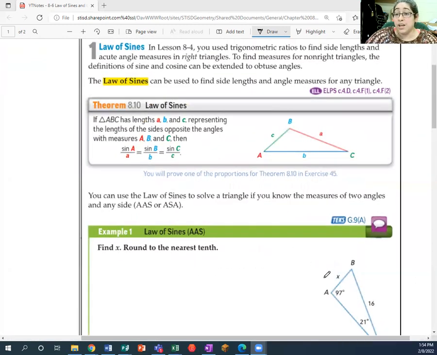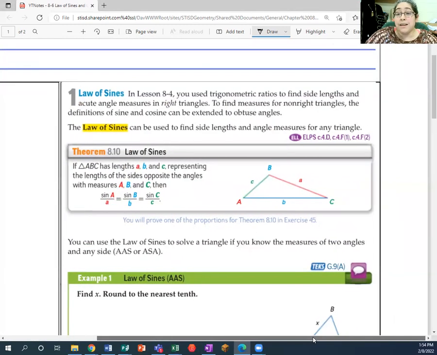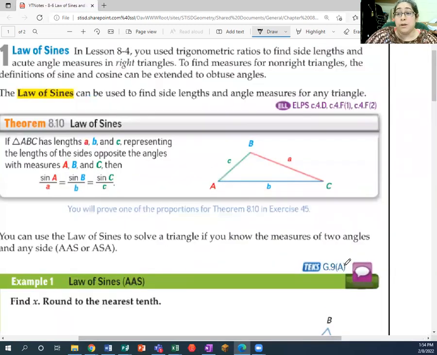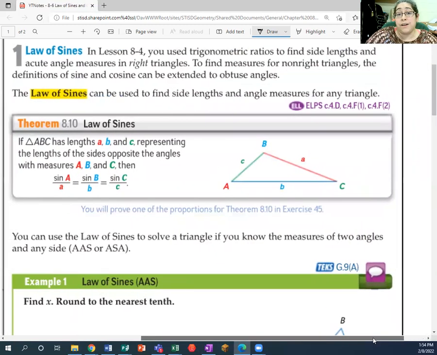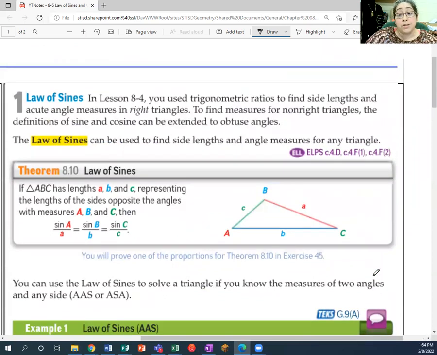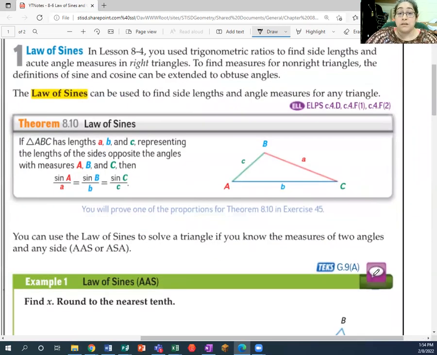Let's talk first about the law of sines. Back in lesson 8.4, we used the trigonometric ratios to find the side lengths and the acute measures in right triangles. For non-right triangles, law of sines to the rescue. Theorem 8.10 is the law of sines.